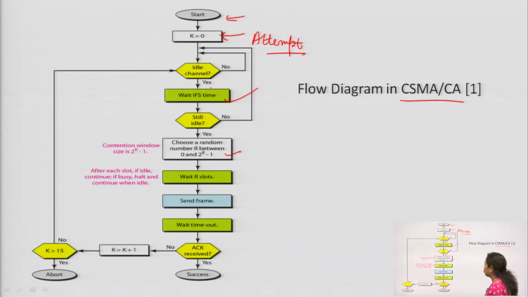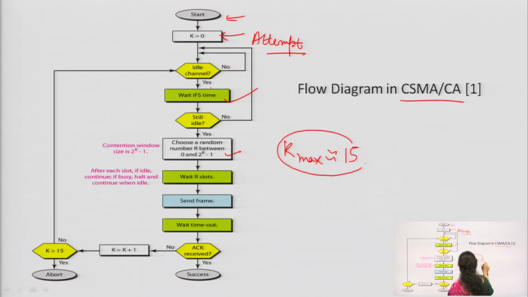Now, next is to choose a random number r between 0 and 2 to the power k minus 1. Now, what is k? The maximum value of k, k max, will be 15 in all the cases we have taken. This is the contention window.